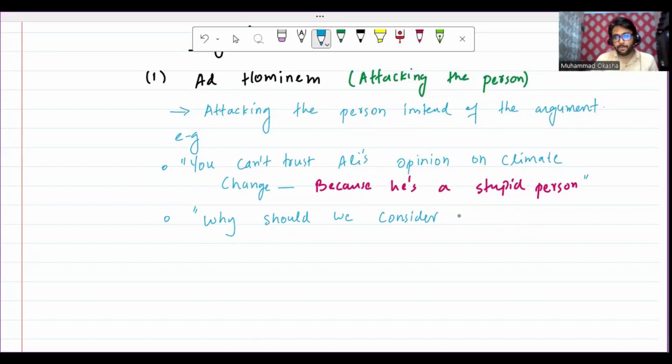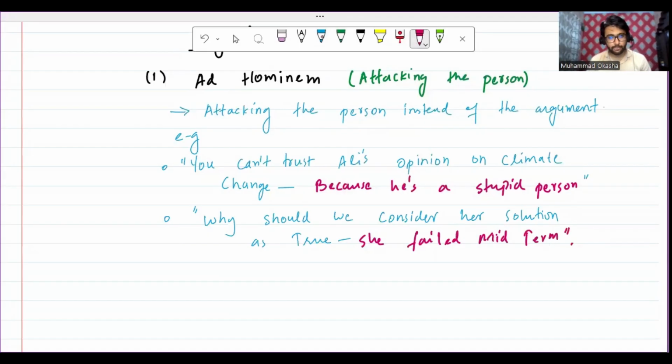And you say, why should we consider her solution as true? She failed the midterm, right? This is ad hominem. Instead of attacking the argument, instead of actually looking at whether the solution is right or not, you simply attack the person. This is called ad hominem.